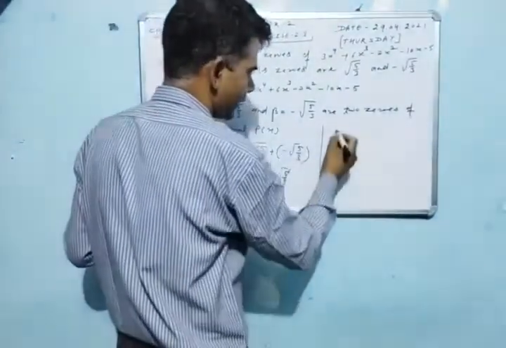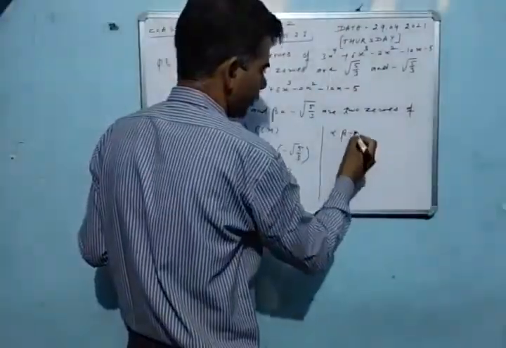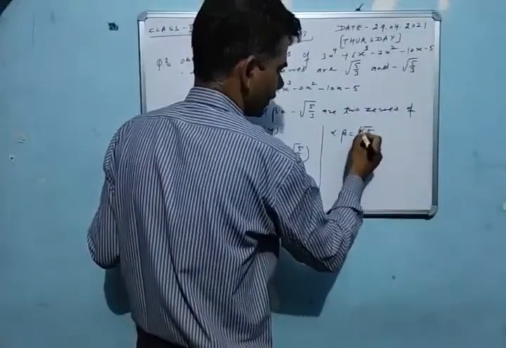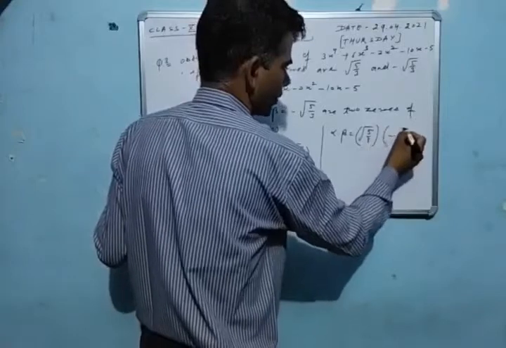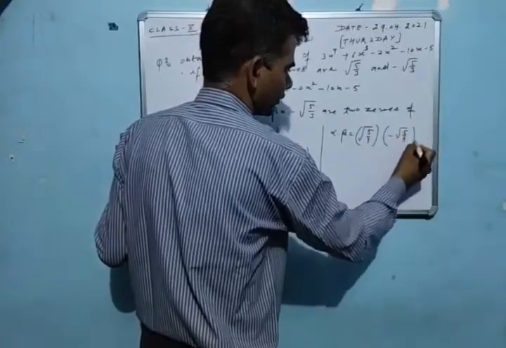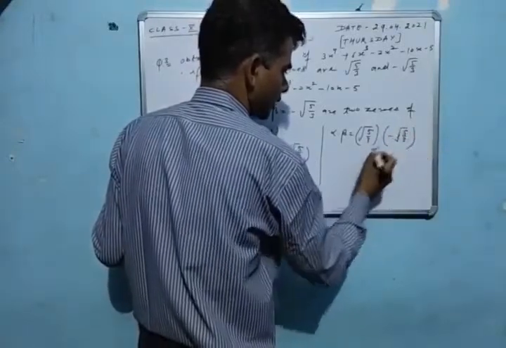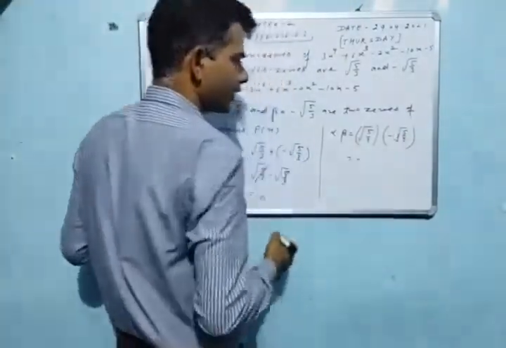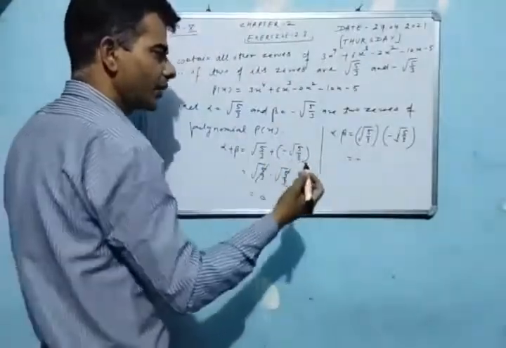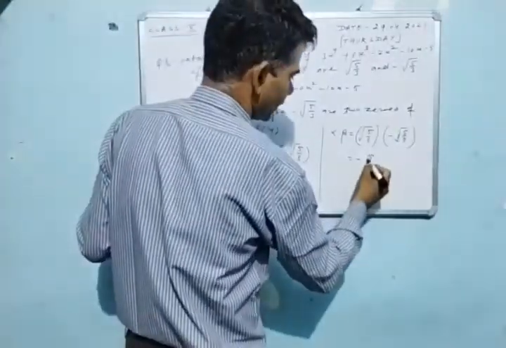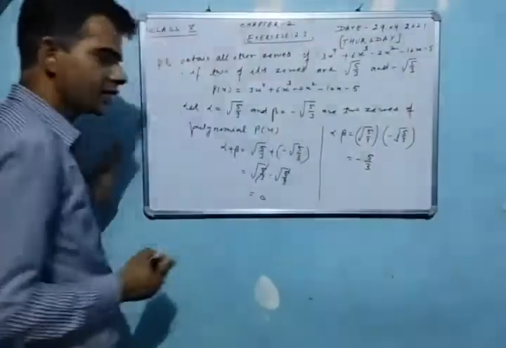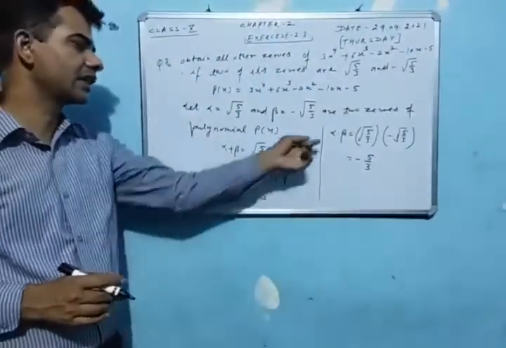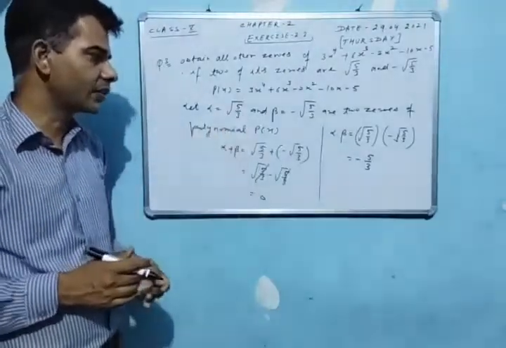Now students, alpha beta is product of zeros, that is root 5 by 3 into minus root 5 by 3. Now students, plus minus root 5 by 3 multiplied by root 5 by 3 is 5 by 3, that is minus 5 by 3. Now students, this is your alpha plus beta and this is your alpha into beta.